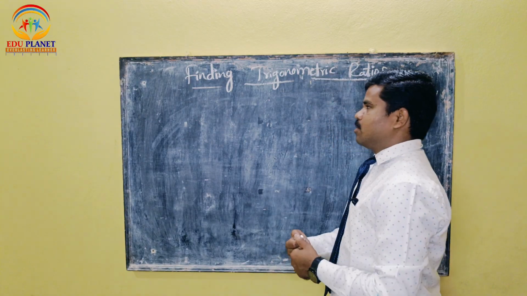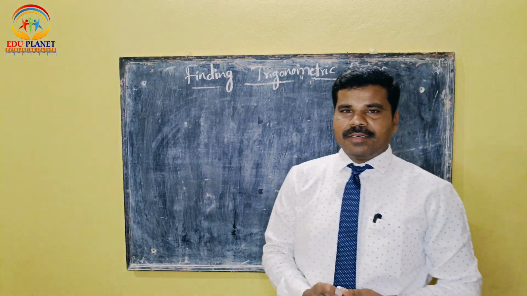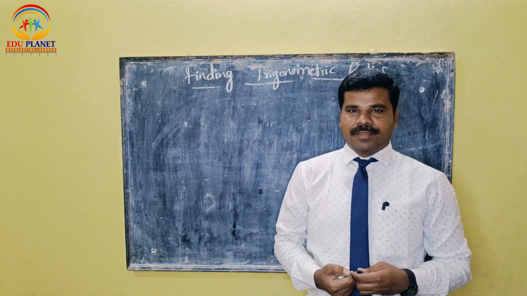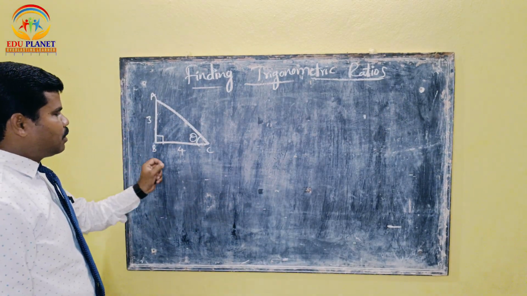Today we are going to discuss finding trigonometric ratios when we have a right triangle with us. Look here, we have a right triangle ABC.